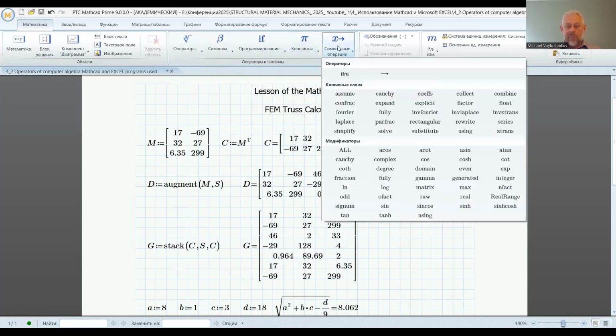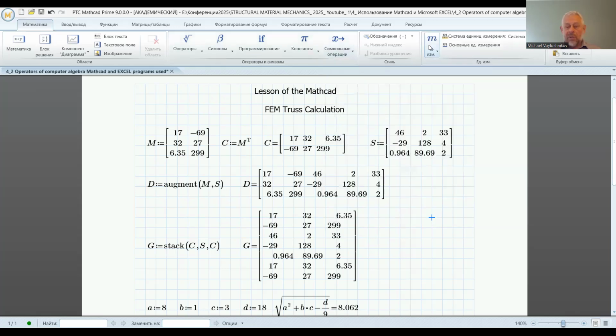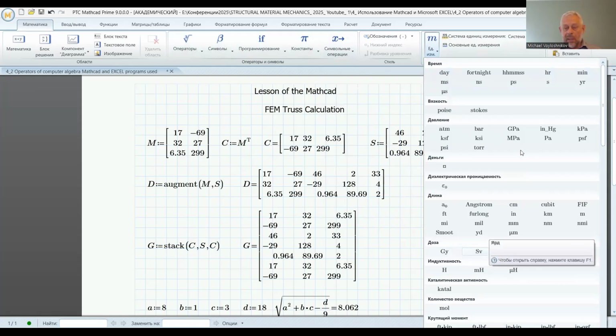We can have the symbolic operations as well here. It's not for today. We just consider the core approach for that. And besides, we have the units of dimensions, like time dimension, day, second, year, the units of time, units of length, etc.